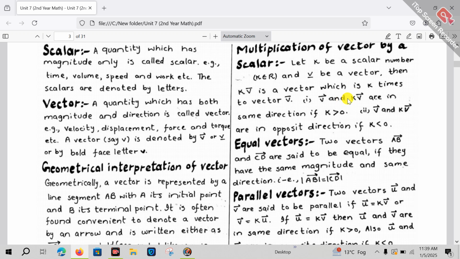But if we multiply this vector v by -2, then v is from left to right, but this will be from right to left, so their direction will be changed. So here this k is very important. When we multiply a vector by a positive number, the vector and the result after multiplication will be in the same direction. If we multiply a vector by a negative scalar, then they will be in opposite directions. This is the simple rule to check whether two vectors are in the same direction or in opposite directions. We can guess from here.